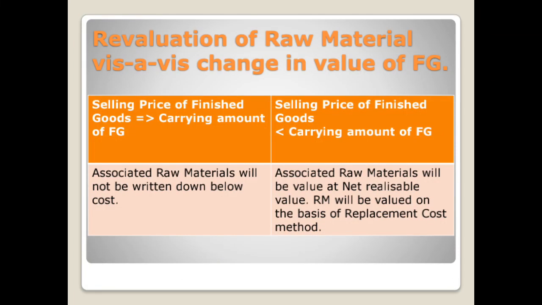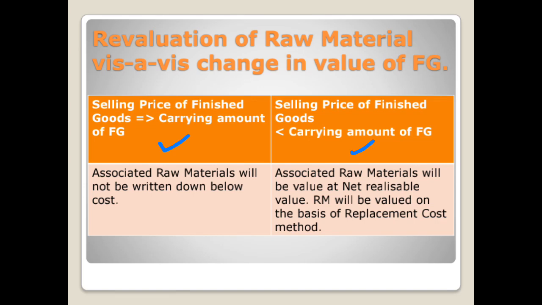Valuation or revaluation of raw material vis-a-vis change in value of FG. Suppose we have an FG valuing rupees 500 in the market. We have two situations: a cost which is higher than the selling price and a cost which is lower than the selling price.